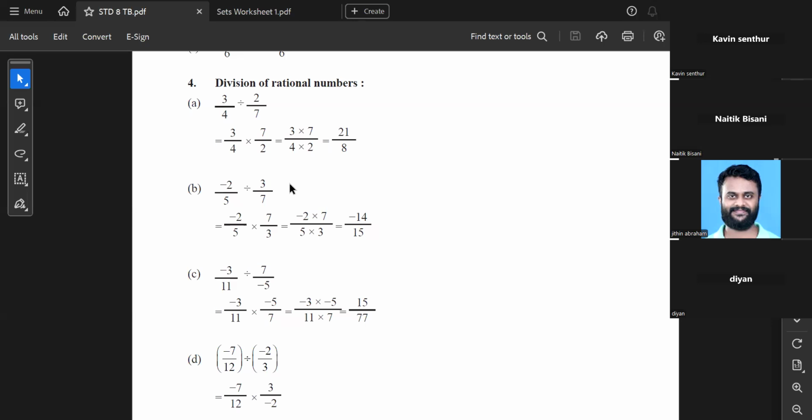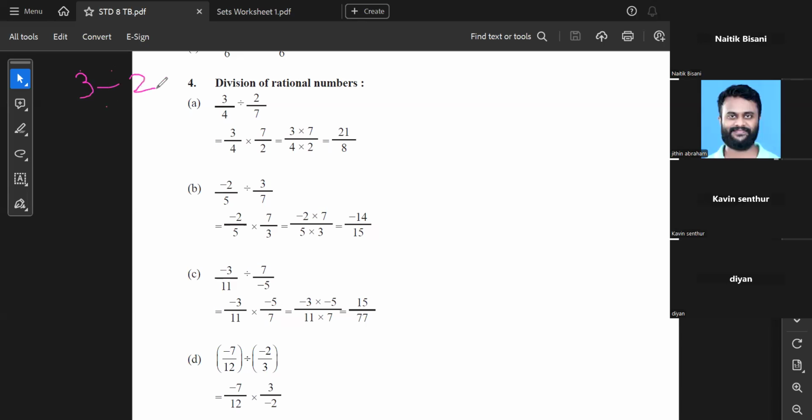Sir, if we invert 3 by 4, will the answer be same? No, it will not be same. You will have to invert only the second number, not the first number. Sir, what is the logic behind that? The logic is, when I say 3 divided by 2, this is basically 3 upon 2, where 2's place is always in the denominator, not in the numerator.